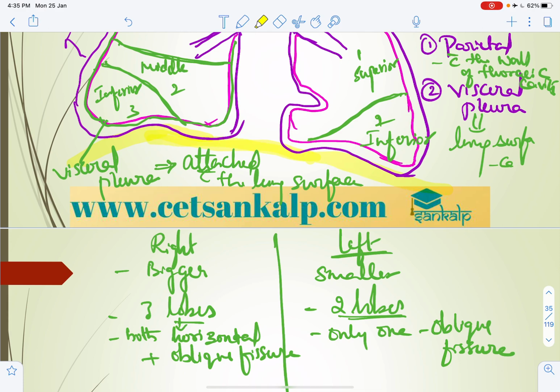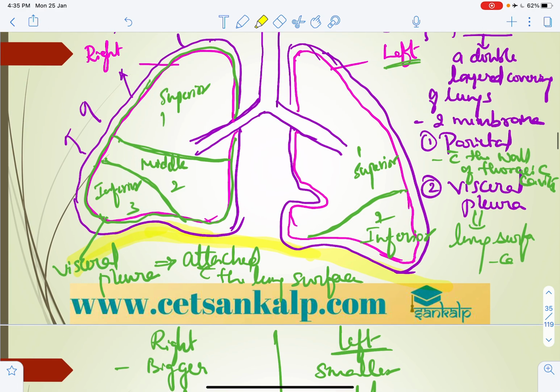Compared to the left lung, the right lung is a little bigger and rises a little above, generally about 2.5 centimeter, because on the right side it has to accommodate the liver. Compared to this length, it is approximately 2.5 centimeter shorter than the left.